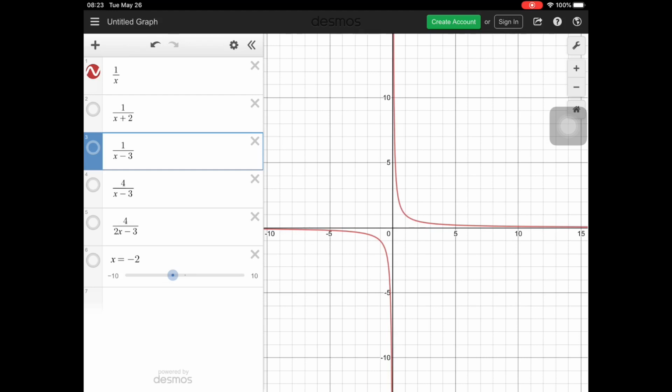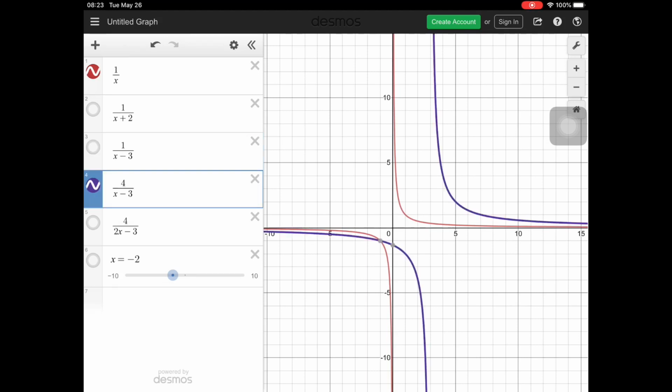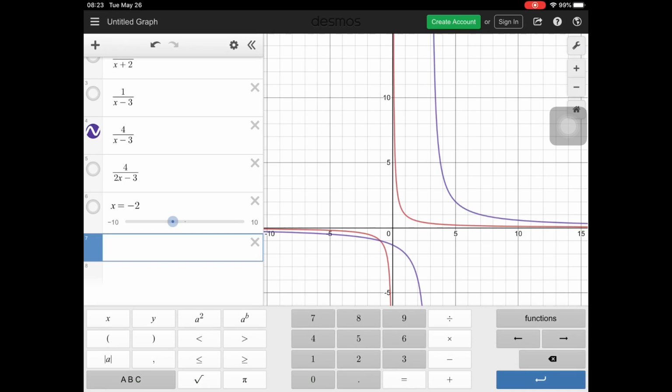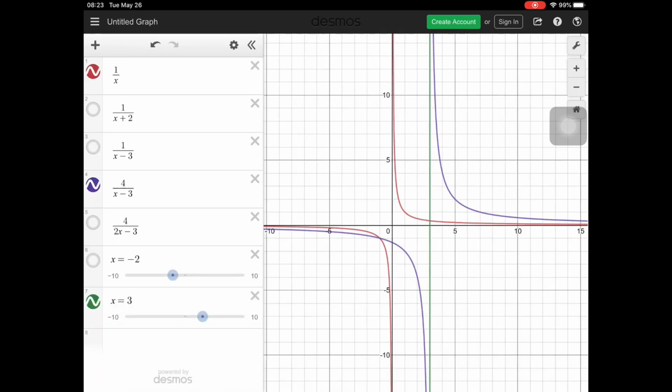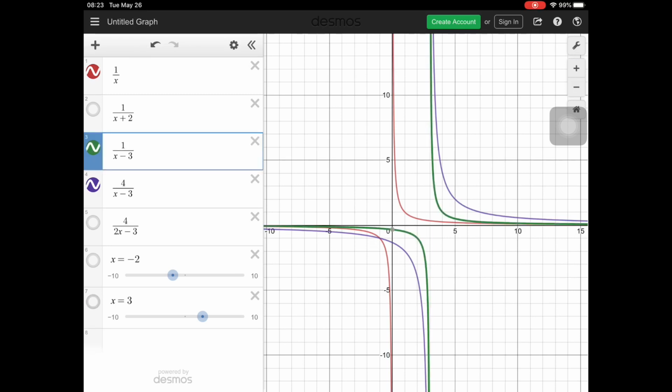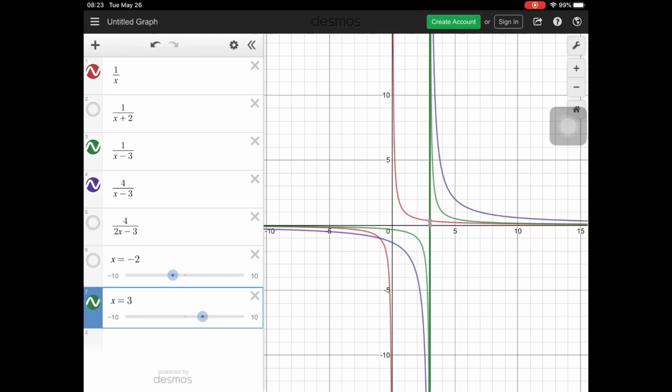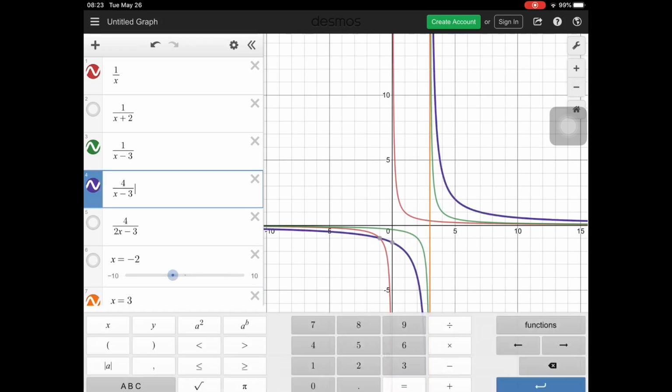What happens if I plot the fourth function? You see that the vertical asymptote is still at x equals 3. Let me do that, x equals 3, there you go. But the function looks a little bit more stretched compared to this one, right? Let me change the color, let's use orange.